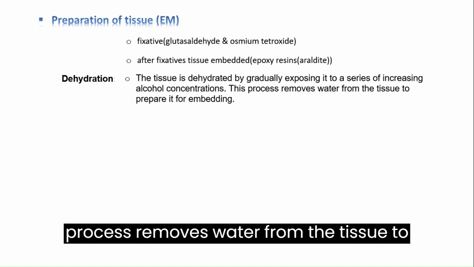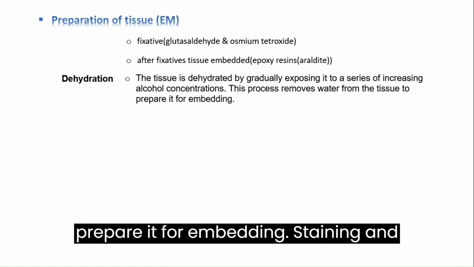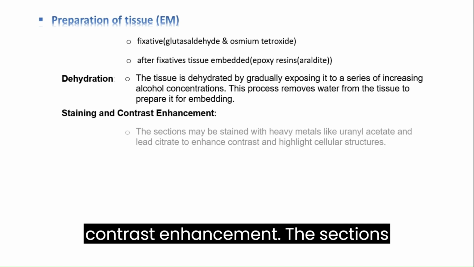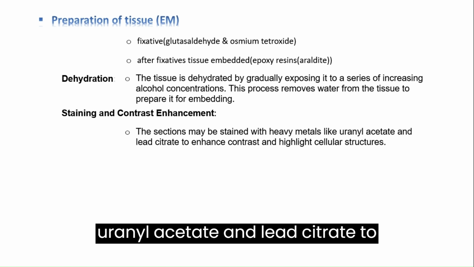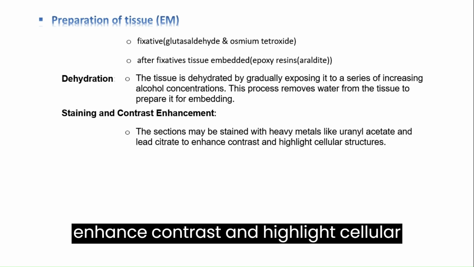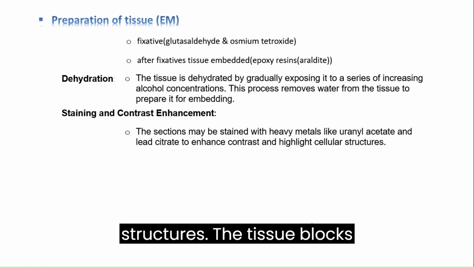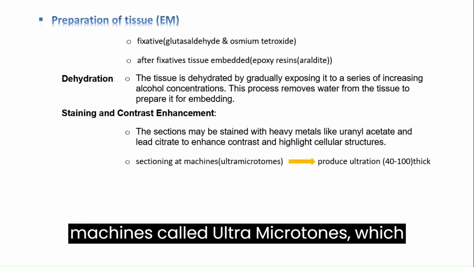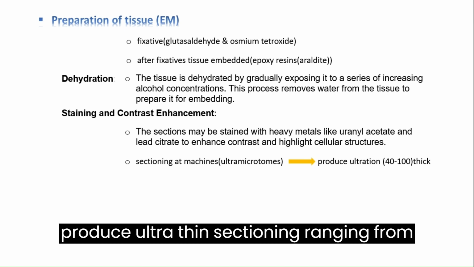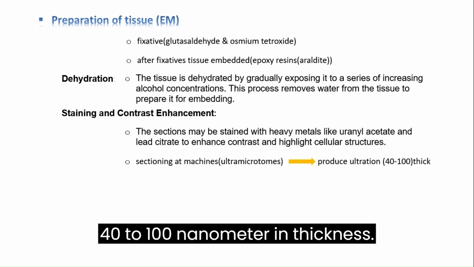This process removes water from the tissue to prepare it for embedding. Staining and contrast enhancement. The sections may be stained with heavy metals like uranyl acetate and lead citrate to enhance contrast and highlight cellular structures. The tissue blocks so obtained are subjected to sectioning in machines called ultramicrotomes, which produce ultra-thin sections ranging from 40 to 100 nanometers in thickness.